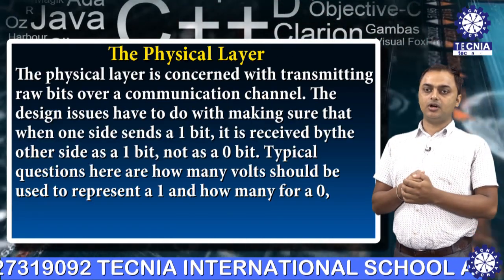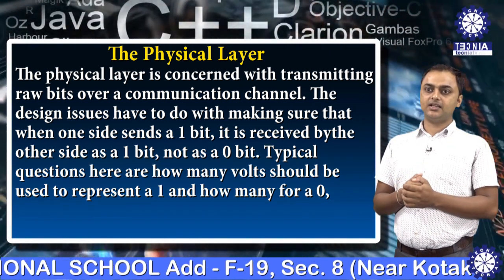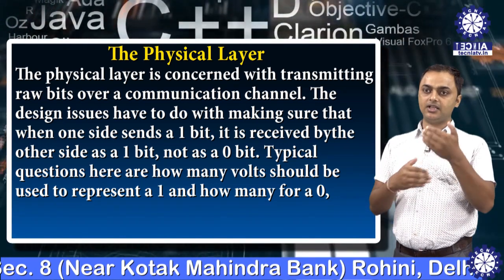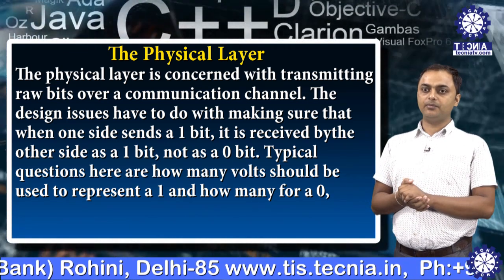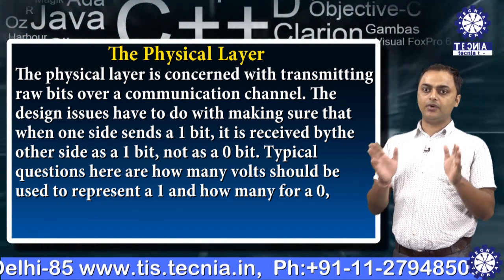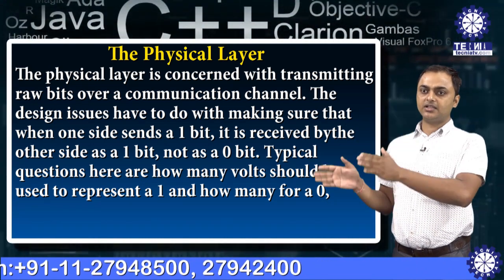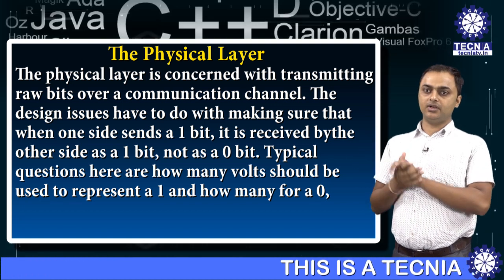The first layer of the OSI reference model is the physical layer. The physical layer is concerned with transmitting raw bits over a communication channel. The design issue has to do with making sure that when one side sends a 1 bit, it is received by the other side as a 1 bit, not as a 0 bit.